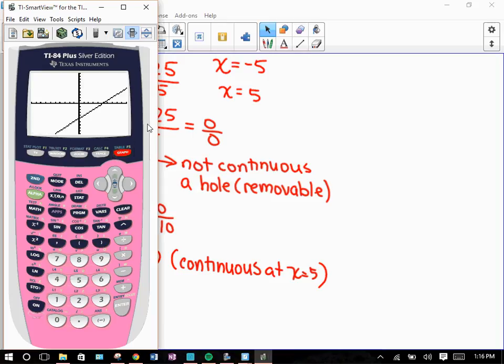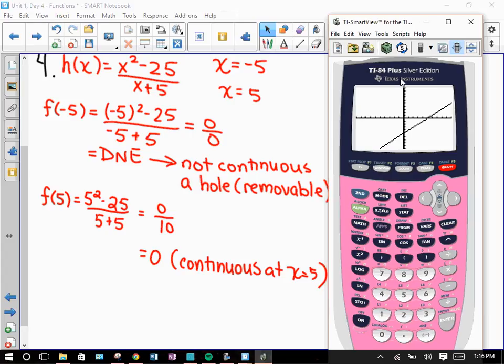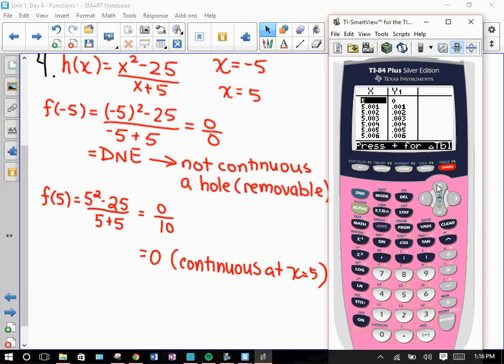There's my graph. And we're looking at the x value, x equals 5. So we want to go second window, because we don't want to have to scroll through like 10,000 different numbers. Alright, so we're going to put in the number 5, that's the number we're looking at. And we're going to get second graph, look at the table.